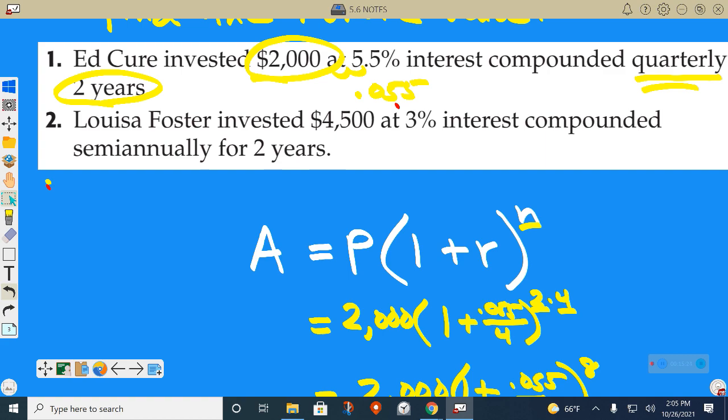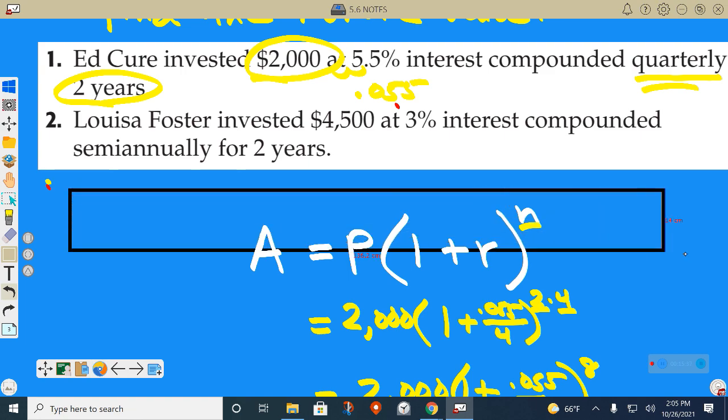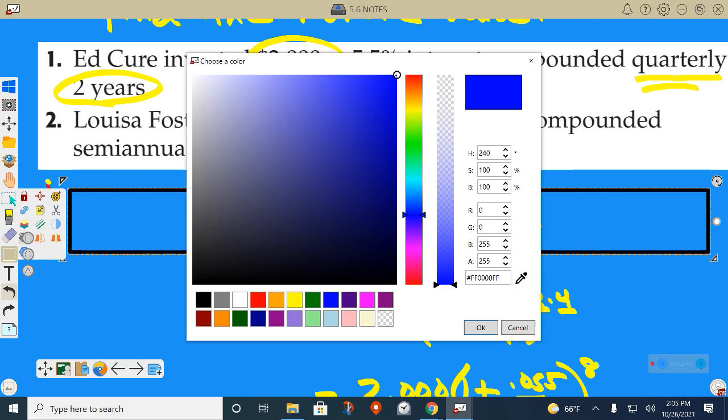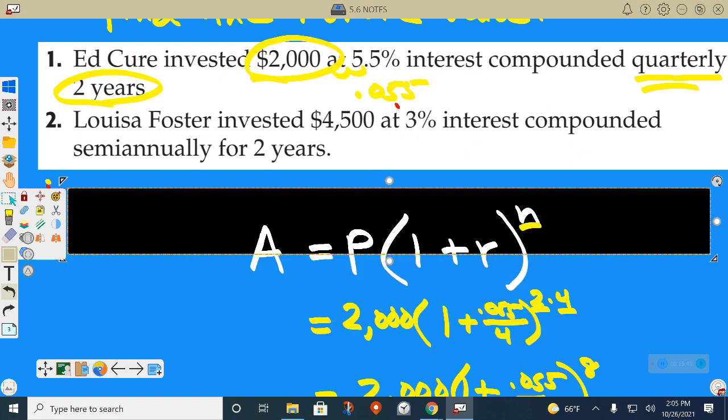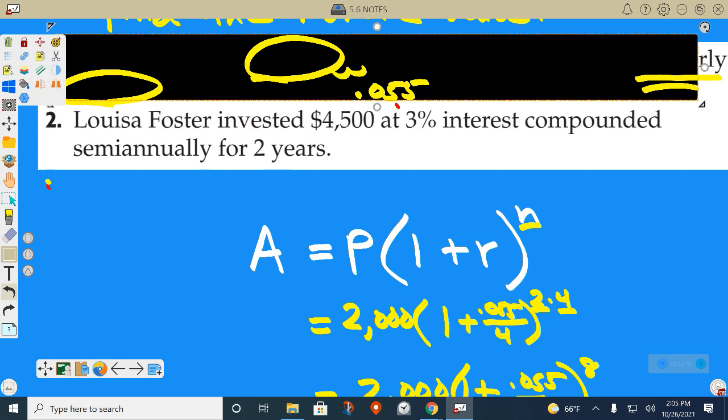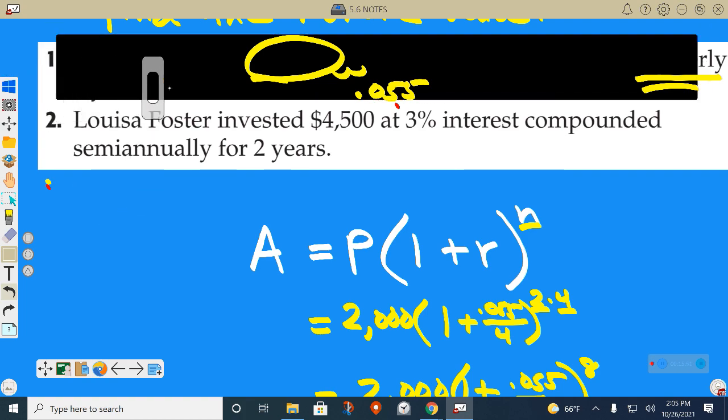So Louisa Foster invested $4,500 at 3% interest, compounded semi-annually for 2 years. Okay? I'm blocking number 1 now. So we're just focusing on number 2.